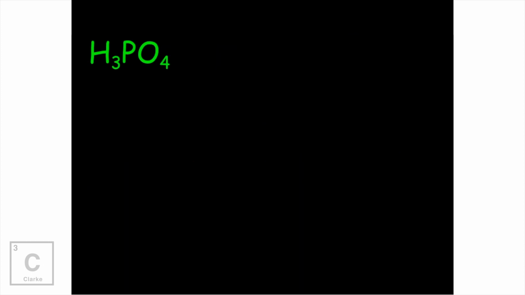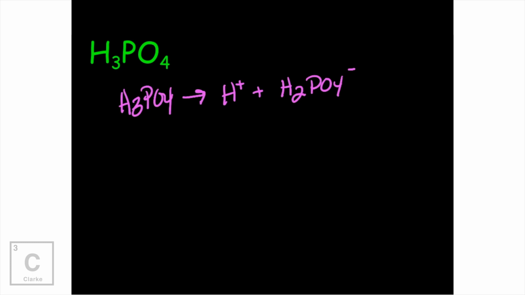Speaking of phosphoric acid, when phosphoric acid dissociates in water, it does it step by step. We could show that phosphoric acid would lose one of its hydrogen ions, it's donating it, and then we would be left with H2PO4. And then that still has two hydrogens to give, so it could further dissociate.